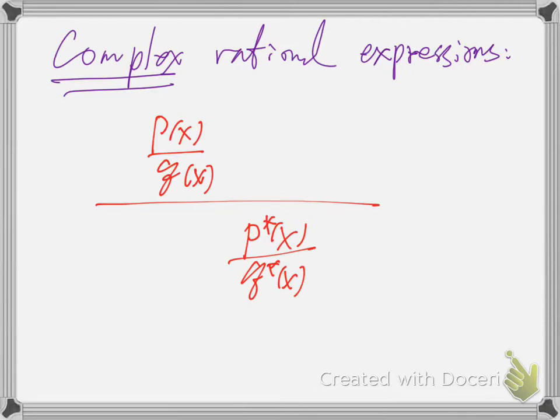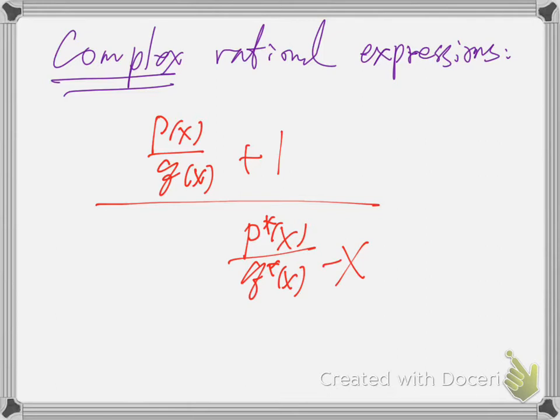You may have this plus 1, the other one minus x. That's the definition: the numerator or denominator has one or more rational expressions.